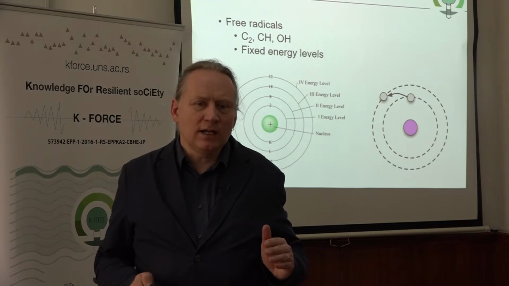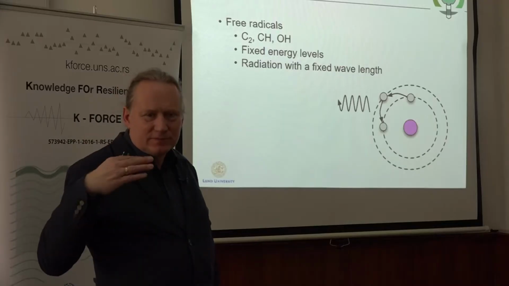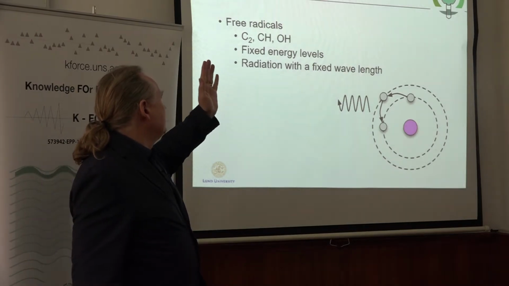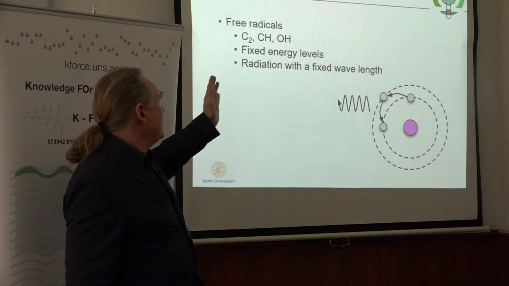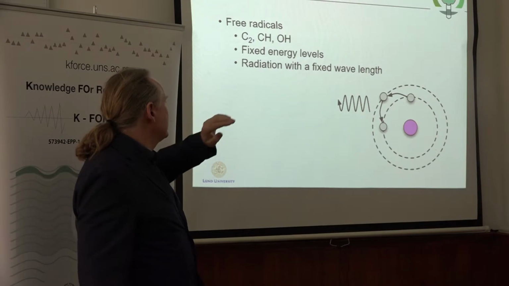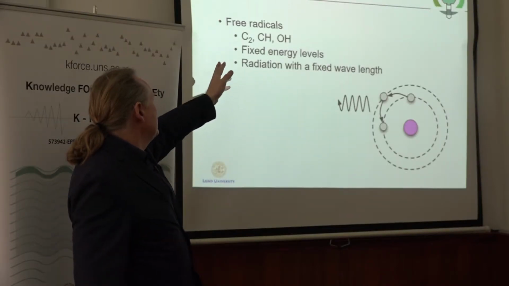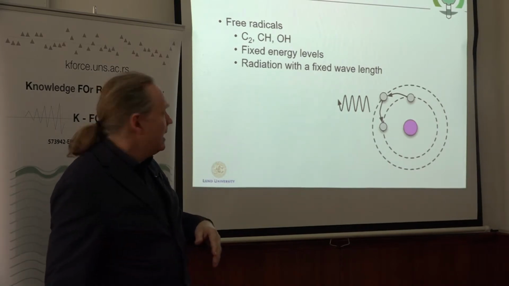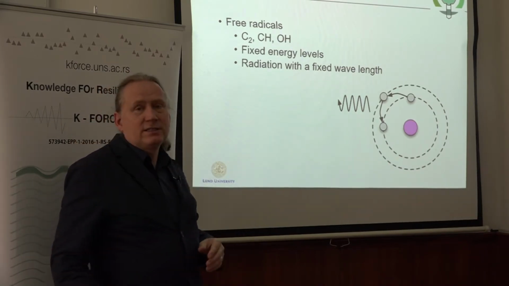So after a while, just to sum up, the free radicals give out energy at fixed energy levels. And as said before, the free radicals are C2, CH, and OH. And this radiation is at a fixed wavelength.